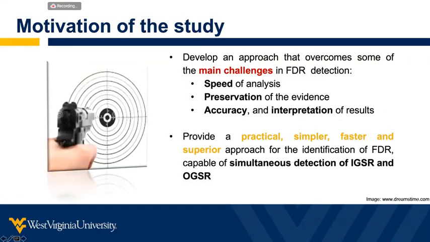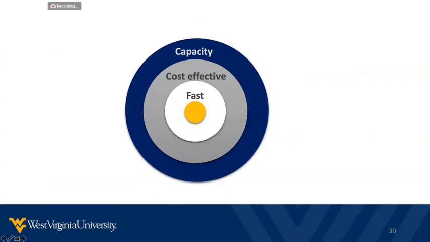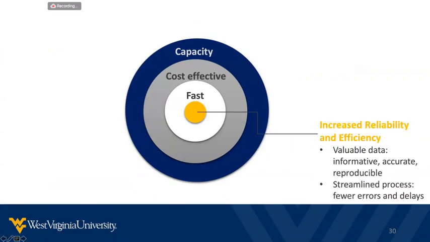So the motivation of our study was to develop an approach that overcomes some of the main challenges of speed, preservation, accuracy, and interpretations. We propose to develop a practical, simpler, and faster approach for the simultaneous detection of both inorganic and organic gunshot residues. Our ultimate goal is to develop methods that can increase the reliability and efficiency, providing valuable data and a streamlined process with fewer errors and delays.